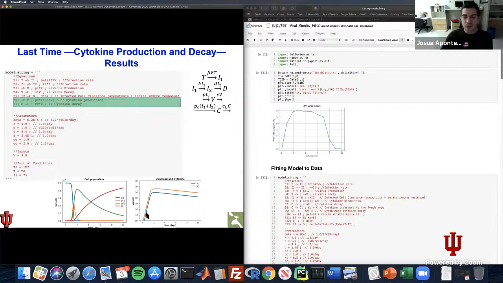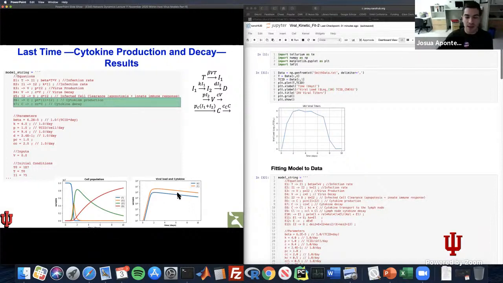So at least we know that here the difference has to do with the fact that as soon as my cells get infected, they start releasing the cytokine signal, right? Because in the virus, they have to spend some time in that eclipse phase where they're not releasing virus, and then they start releasing virus later on, right? But for the cytokine, they start releasing as soon as they get infected, and that is the delay that we're seeing here between the cytokine and the virus.